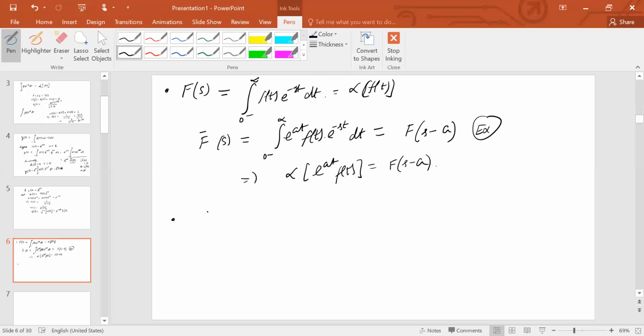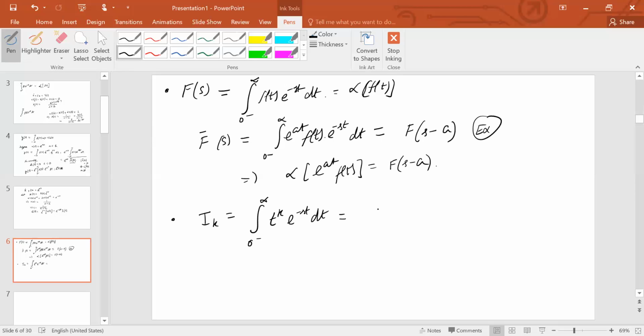Now let us consider the integration I_k equal to the integral from 0 minus to infinity of t to the power k e to the power minus st dt.